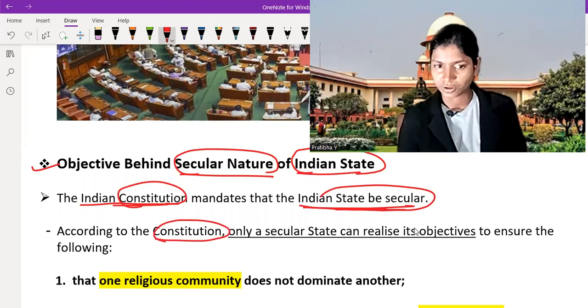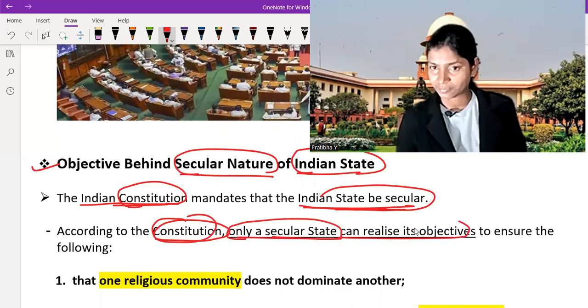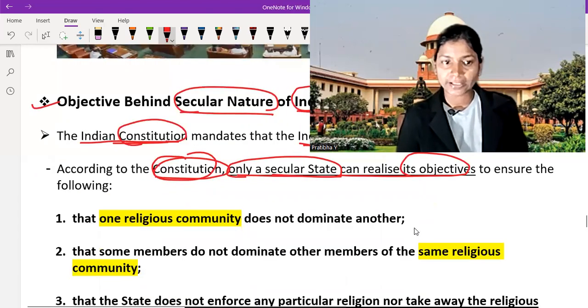According to the Constitution, only a secular state can realize its objective to ensure the following. First, that one religious community does not dominate another.